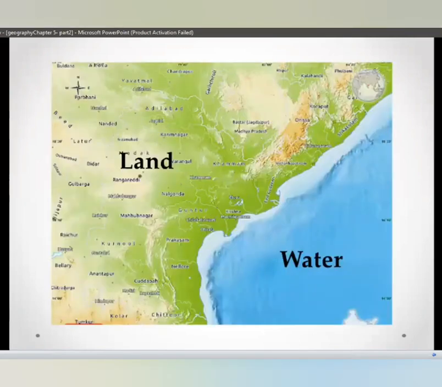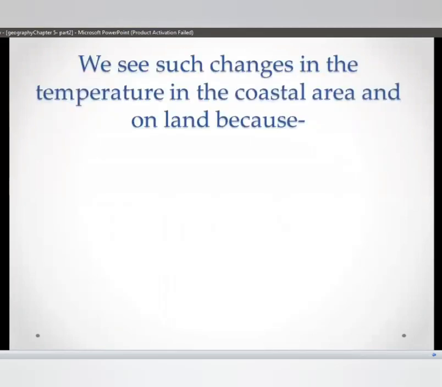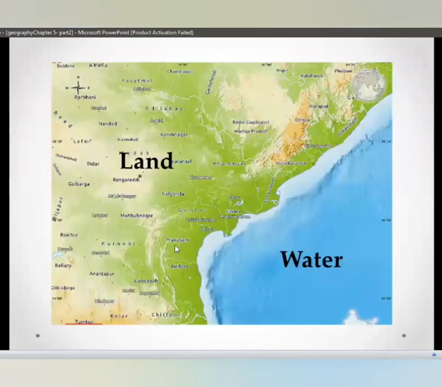Now see, look at this picture. Here we have a picture of a land and water. This is the picture of a coastal area. Now, talking about the difference in the temperature of coastal area, the temperature of air is lower during the day, that is, it is cool.